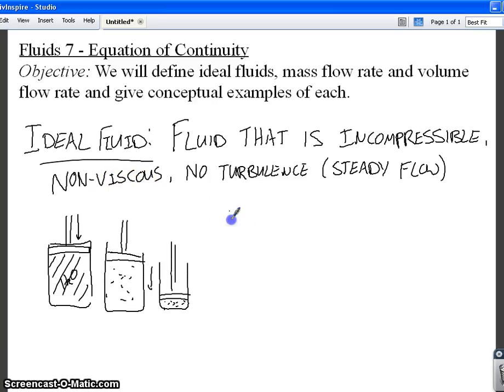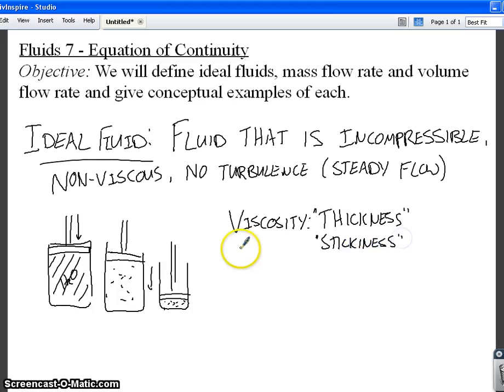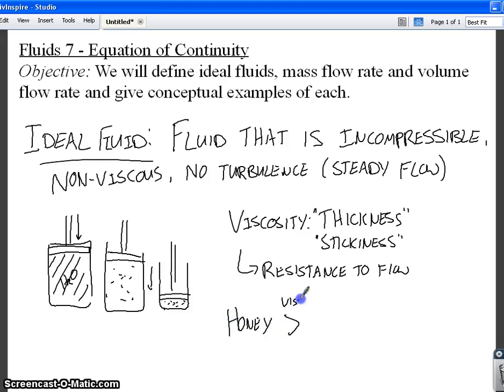Viscous, viscosity. Viscosity is also known as thickness or stickiness. Viscosity is the resistance to flow. So for example, honey is much more viscous than water.